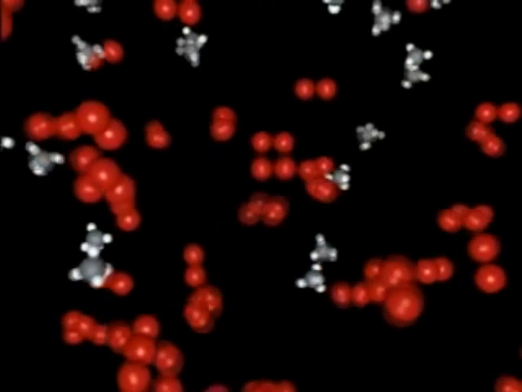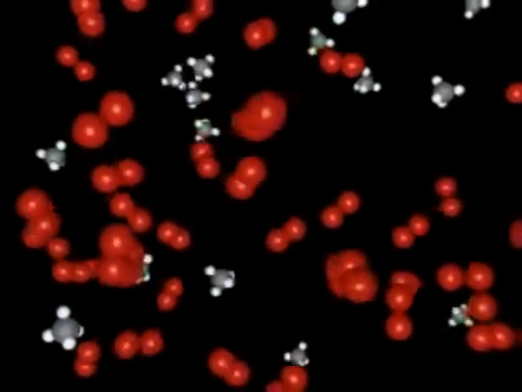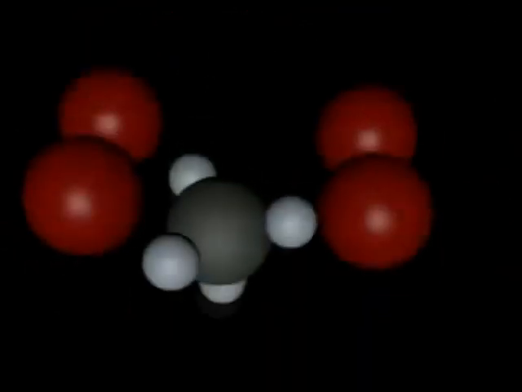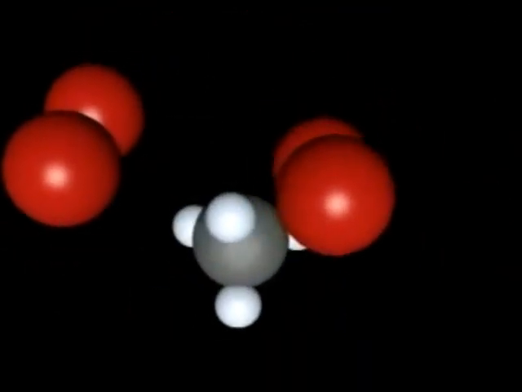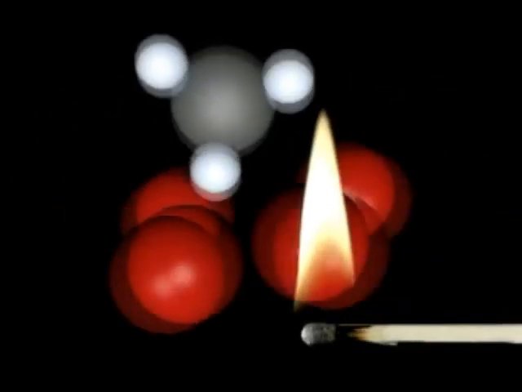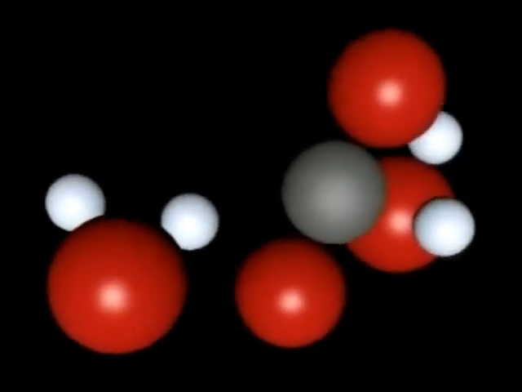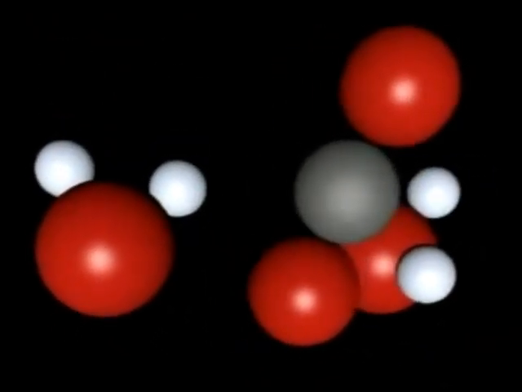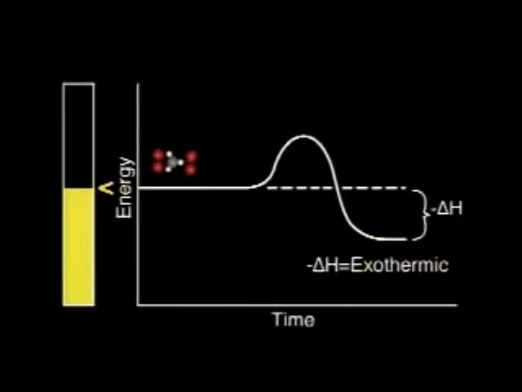For instance, if methane and oxygen are put together, the molecules will collide, but they lack the activation energy to react. A flame can provide this activation energy, and the bonds break and new ones form in an exothermic reaction. So in an energy level diagram, initially the molecules collide, but they lack the activation energy.